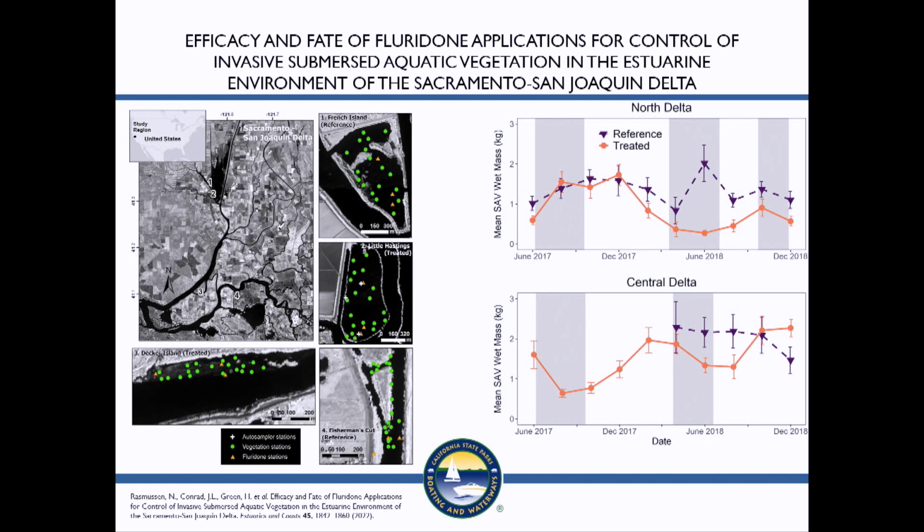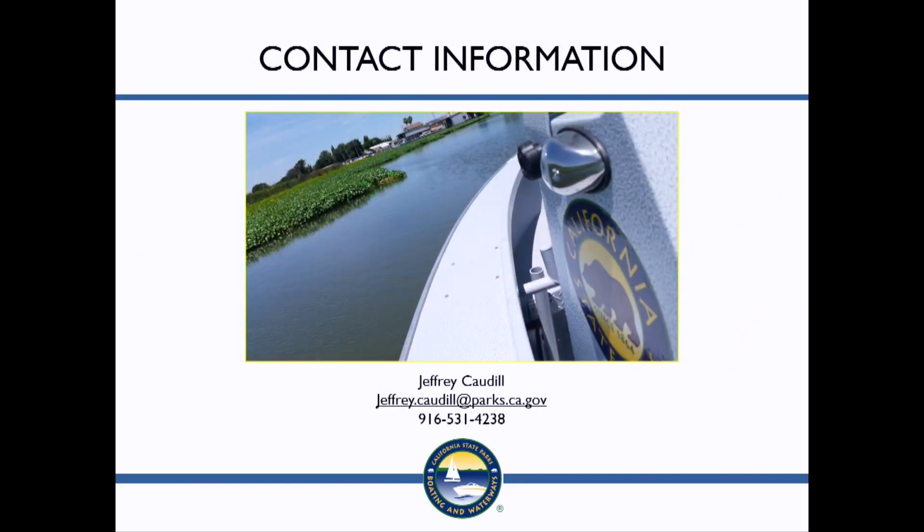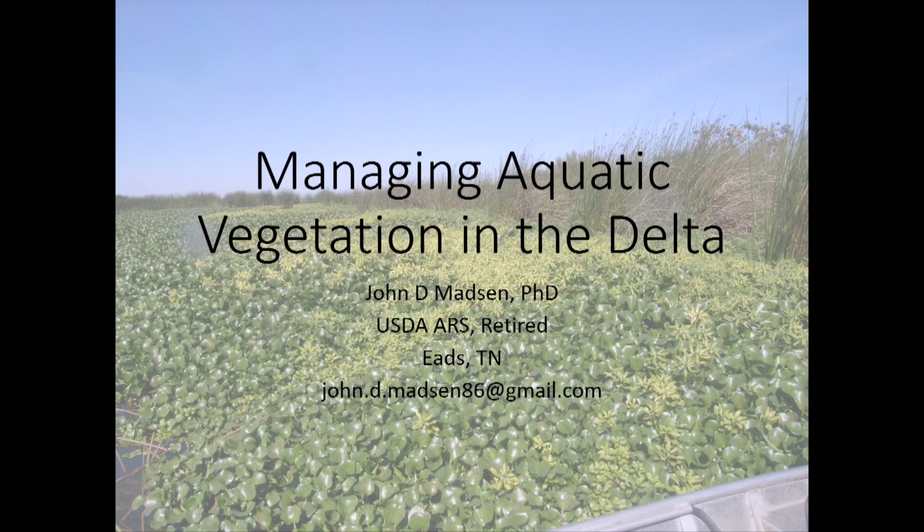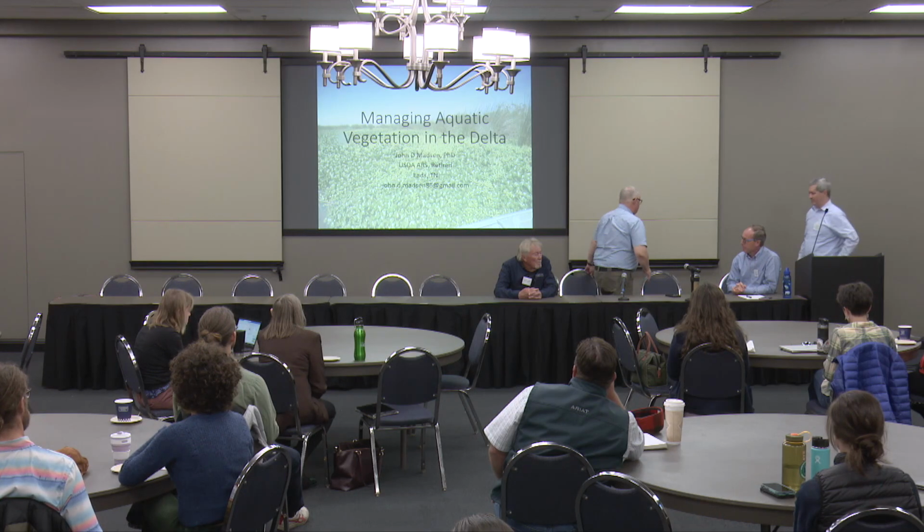And so I just wanted to point out some of the studies that we've had that show that we have had some success with some of these tools, but more adaptive management is going to be needed in order to successfully manage aquatic invasive vegetation, along with all of the different folks in this room and outside whom we work with and collaborate with to try and find success. And so I've got some contact information up there, but I'd like to hand it over to Dr. John Manson, who's going to talk more about managing vegetation in the Delta with herbicides.